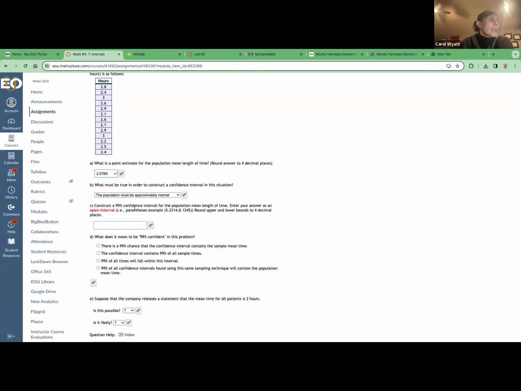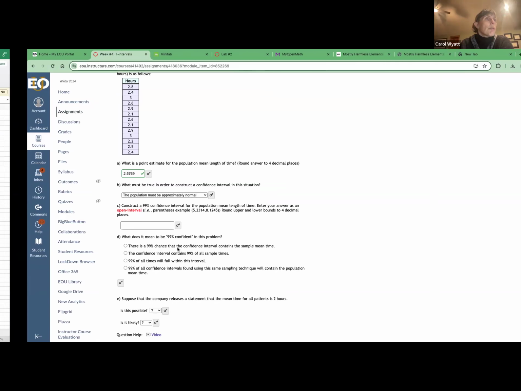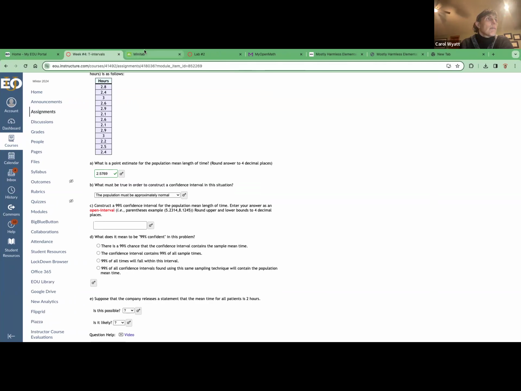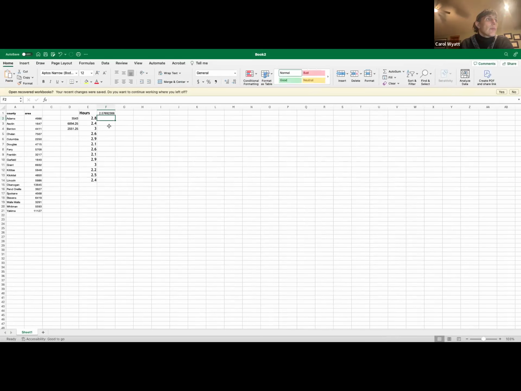All right, construct a 99% confidence interval for the population mean length of time. Enter your answer as an open interval like this, and round your bounds to 4 decimal places. So if I want to do that in this one, I believe there is a T interval function here. T int.